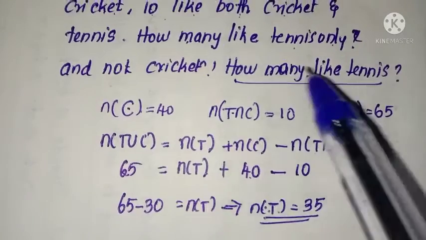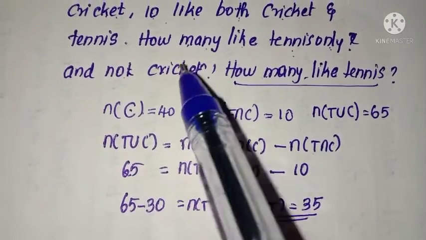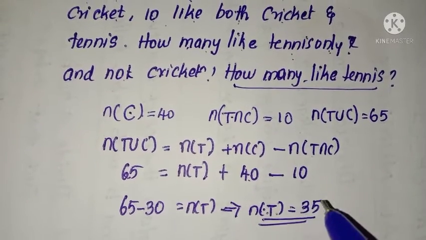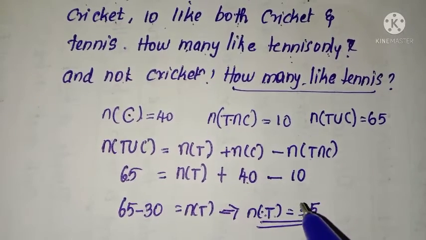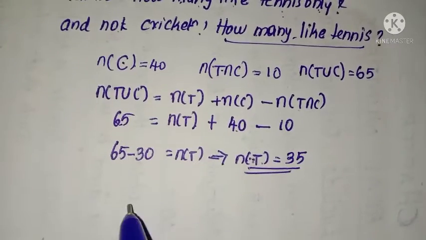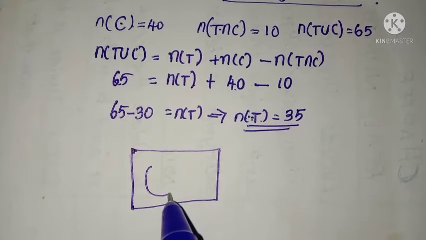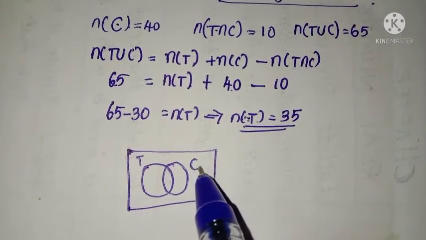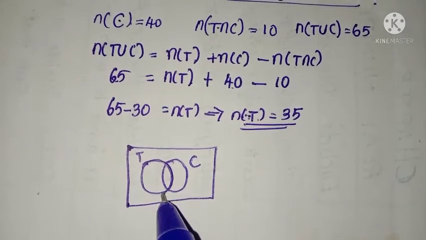Okay. Now how many like tennis only and not cricket? Listen, out of these 35 people, some people like tennis and cricket, because look at the Venn diagram. Consider two sets, one for tennis and the second for cricket. n of T means the first circle.